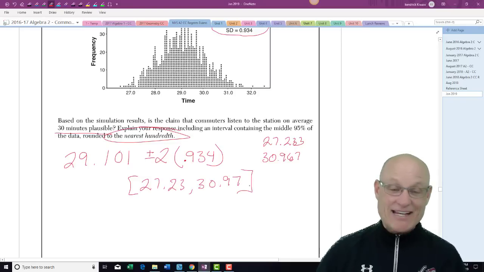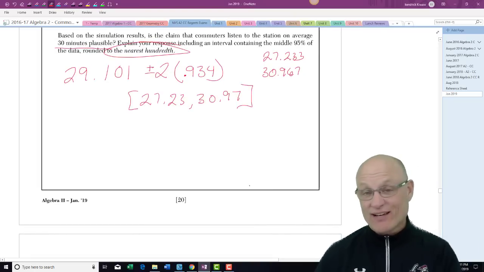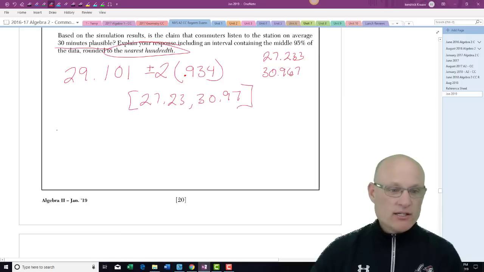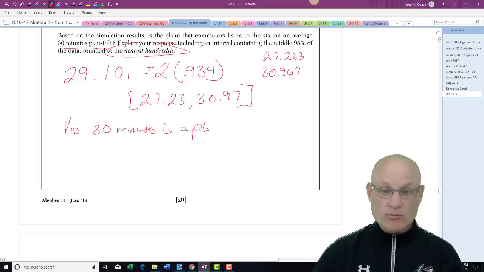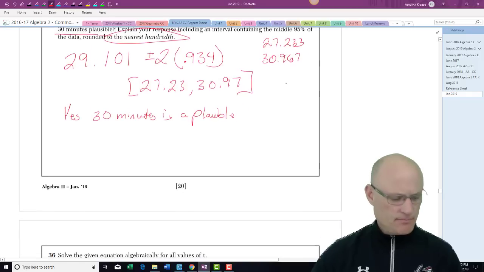So that's the 95% confidence interval. Now, is 30 minutes between 27.23 minutes and 30.97 minutes? Yes. So, yes, 30 minutes is a plausible commute time.